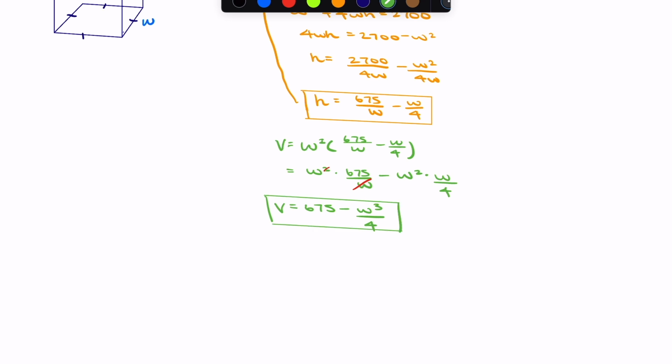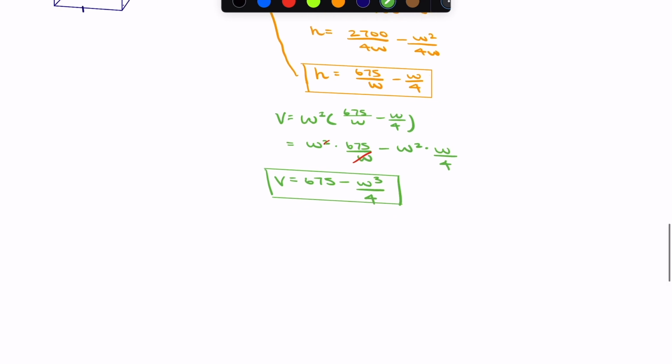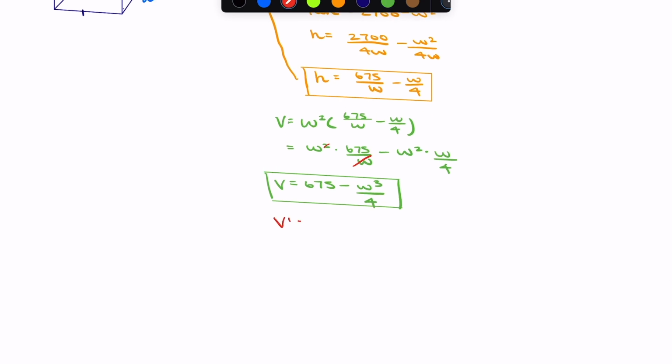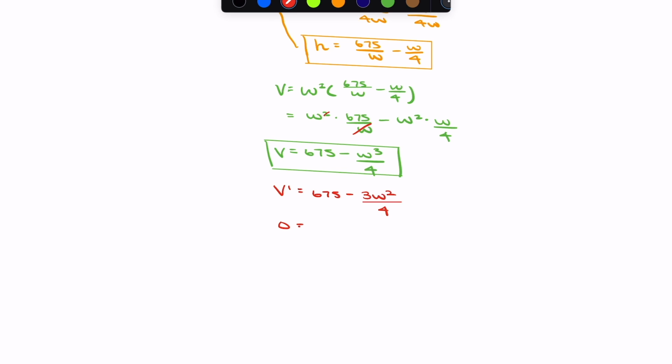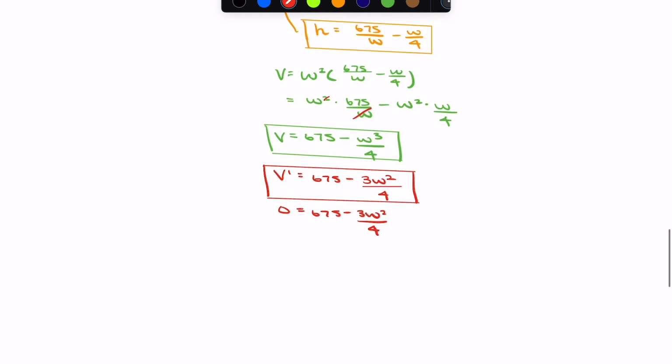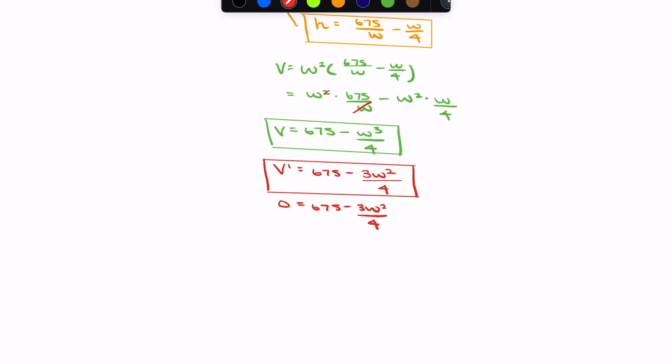Okay, now we're going to find the derivative. So here we get V prime is equal to 675 minus 3W squared over 4. We'll make that equal to 0. 675 minus 3W squared over 4. We'll move the 3W squared over 4 to the other side, which becomes positive.